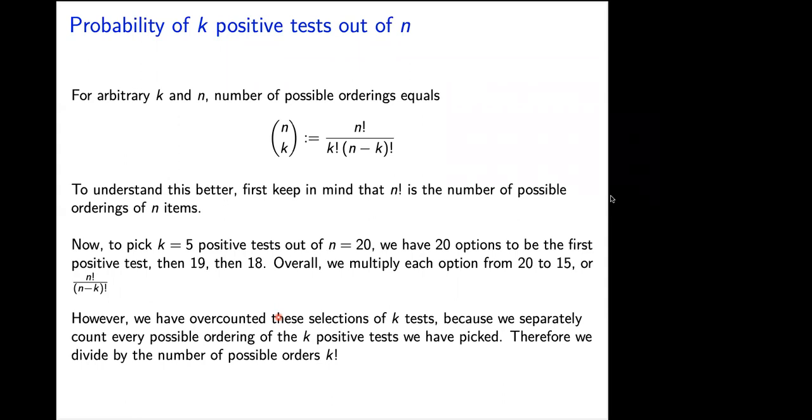We just want to know that a person tested positive. So that's why we have to divide by k factorial, to partition out the orderings. Any other questions?